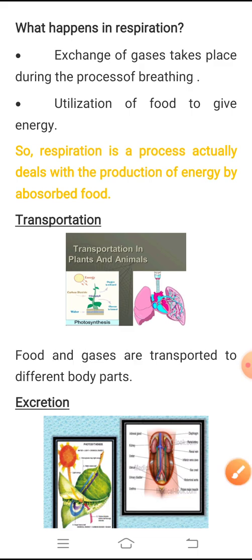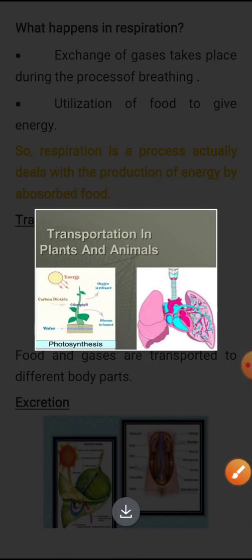In this picture you can see the transportation in plants as well as transportation in animals. In both cases transportation takes place, but the methods or the steps are different.